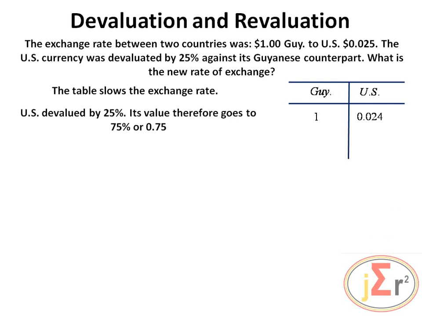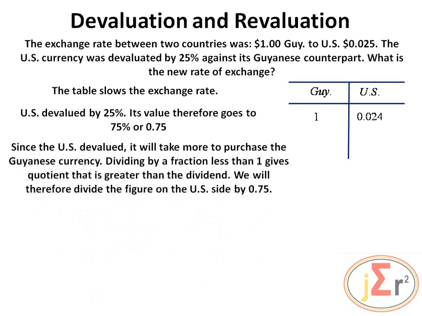So US devalued by 25%, its value therefore goes to 75% or 0.75. So what do we do with that 0.75? Since the US devaluated, it will take more of the US to purchase the Guyanese currency.